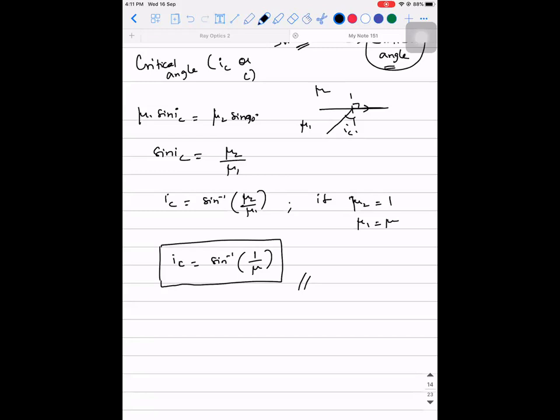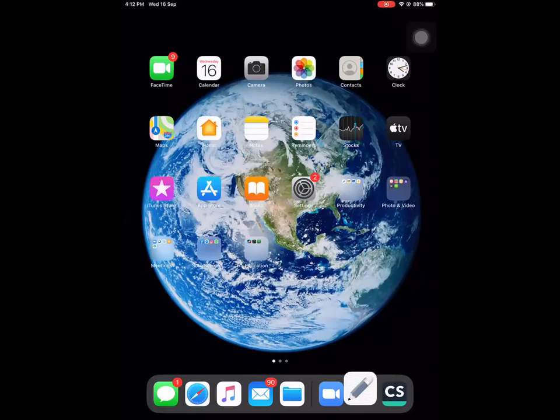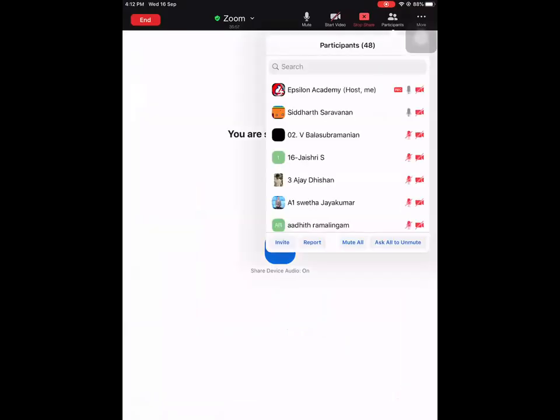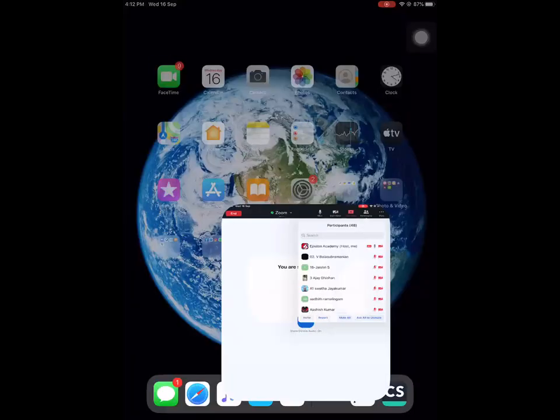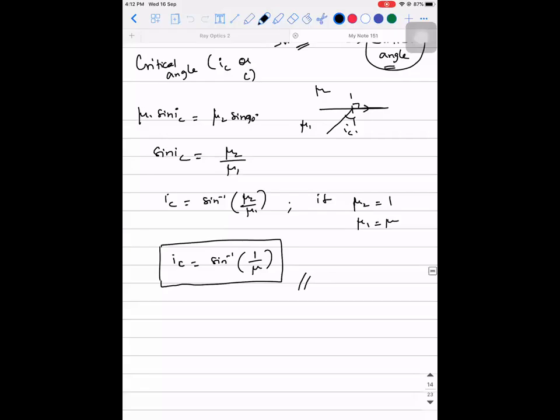But remember the method of deriving. Okay, it is sine inverse of 1 by mu. I hope it is clear.